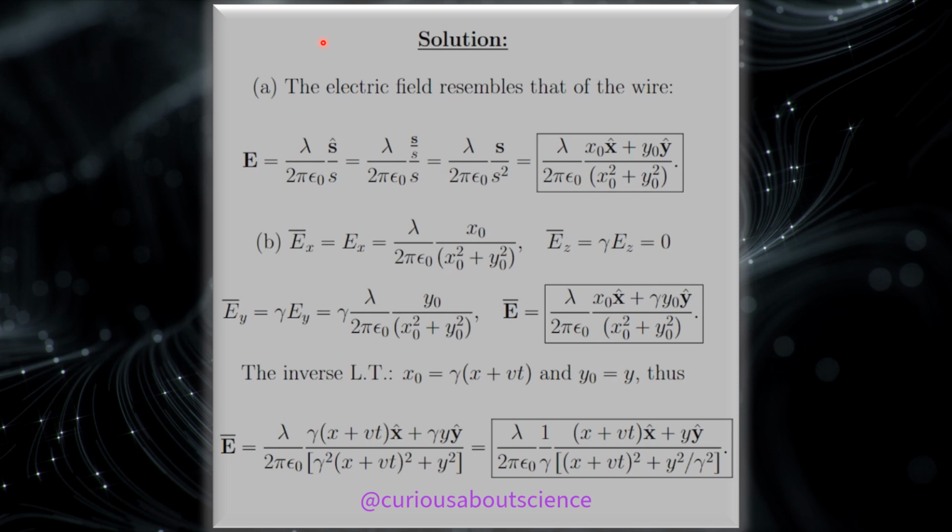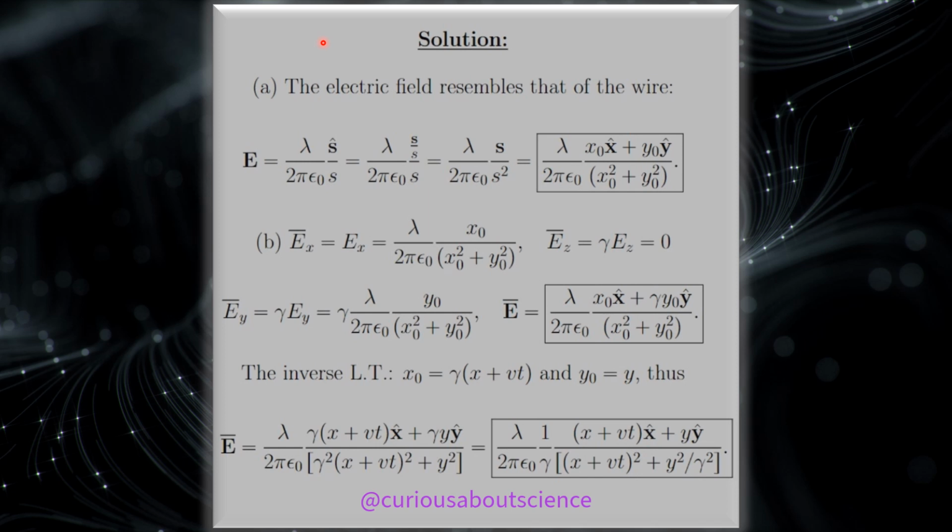So what we need to do is the inverse Lorentz transformation, where x naught is equal to gamma times x plus vt, and in this case y naught is equal to y. Thus, if we want to find the field in the other system, we have lambda over 2 pi epsilon naught.